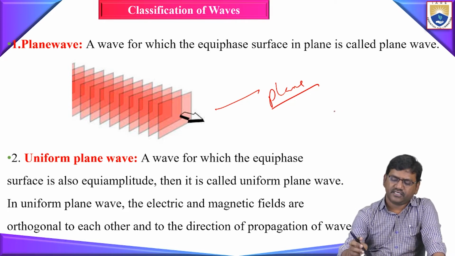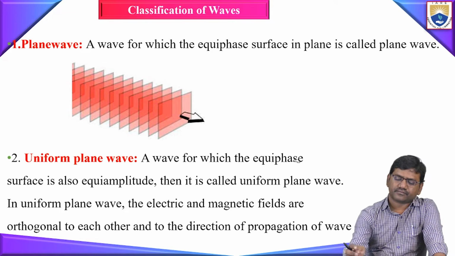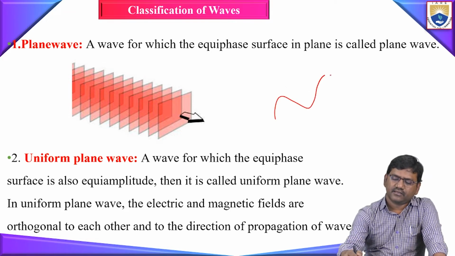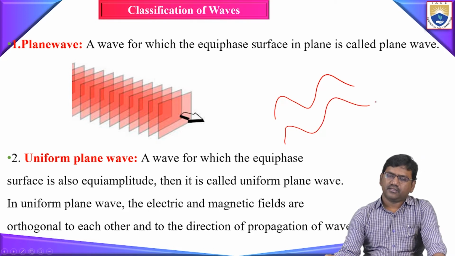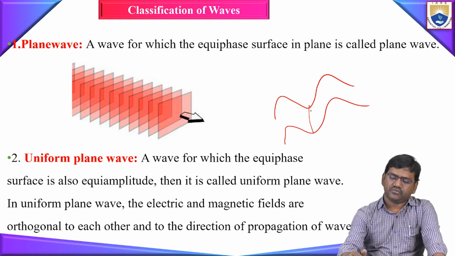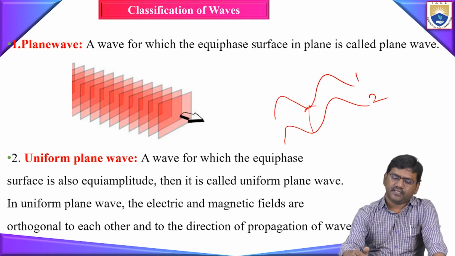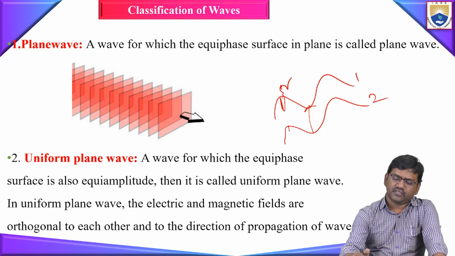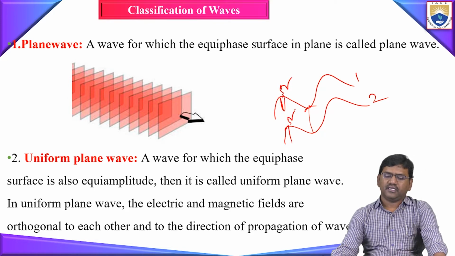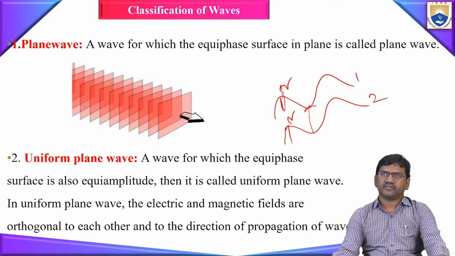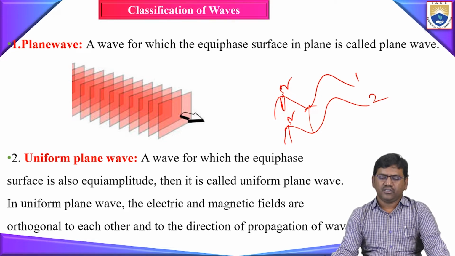It means that you can see here, the phase of these two waves, this is 1 and this is 2, is the same, and at the same time the amplitude is 5 volts and this amplitude is 5 volts, so these two waves are said to be uniform plane waves.